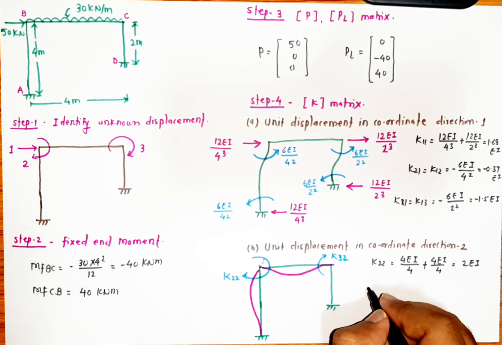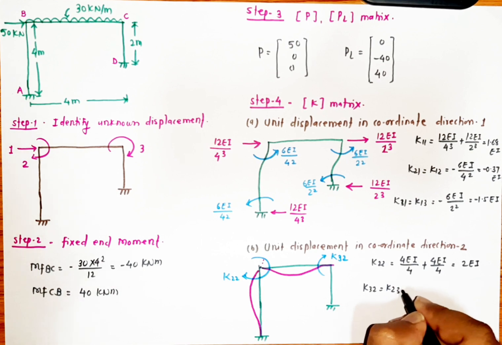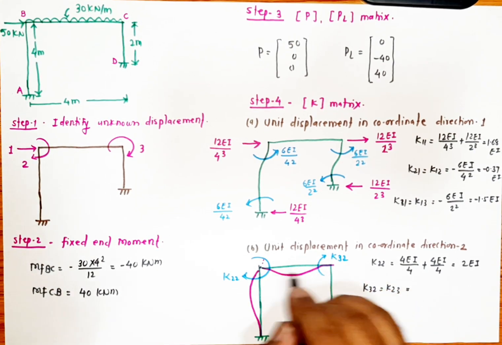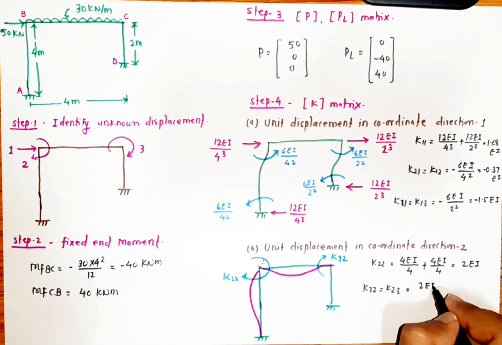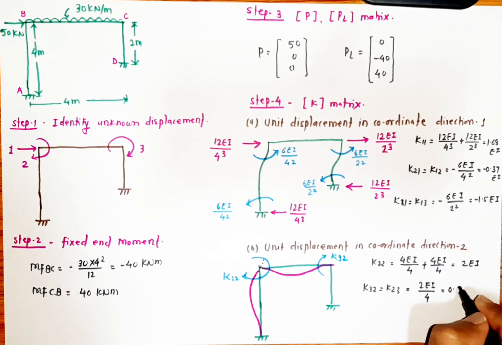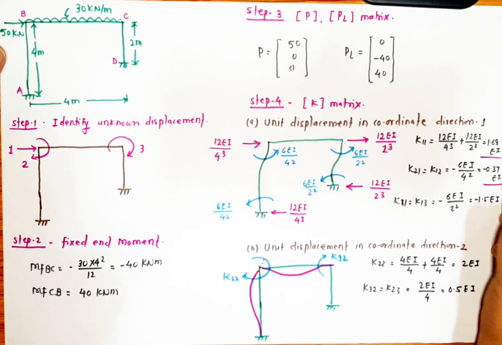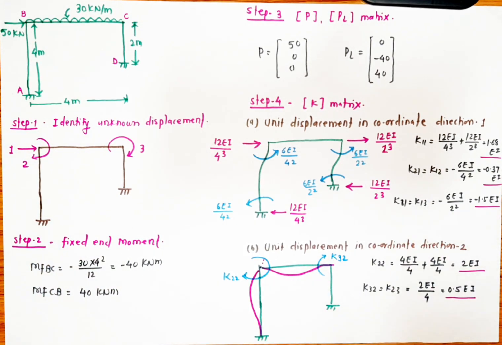Next is K32 or K23, which will be 2EI divided by L, where L is 4. So this value comes to 0.5 EI. So these are the values: K11, K12, K21, K31, K13, K22 and K32, K23.